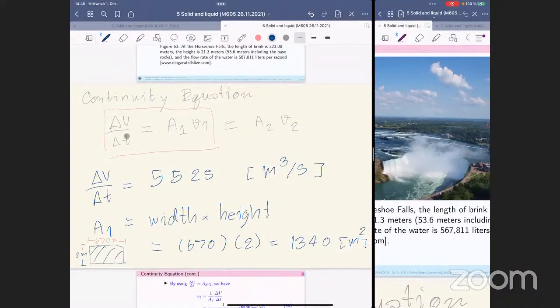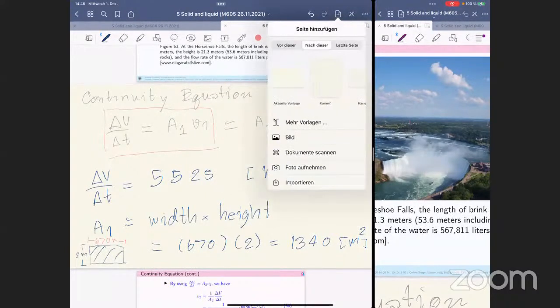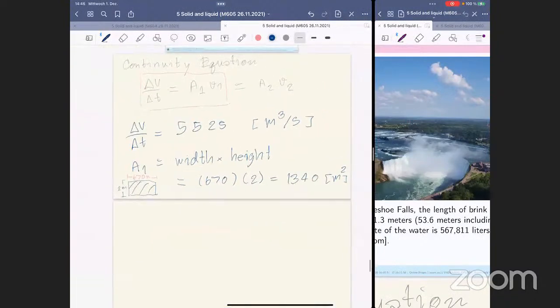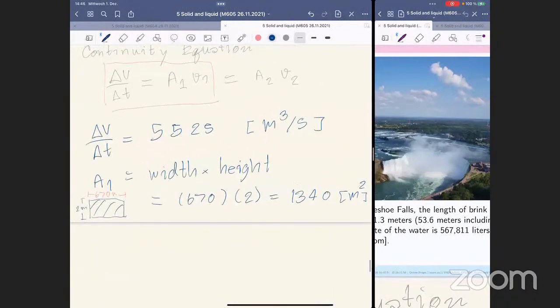We know A1, and we know delta V by delta T, which is this number, and we want to find V1, the speed of the water flow at that location. We move A1 in this relation to the left-hand side, so V1 is delta V by delta T divided by A1.